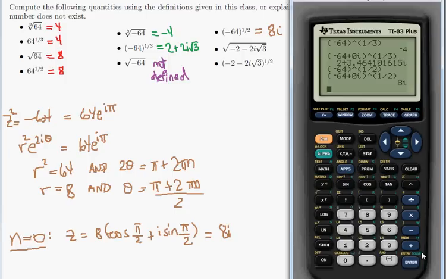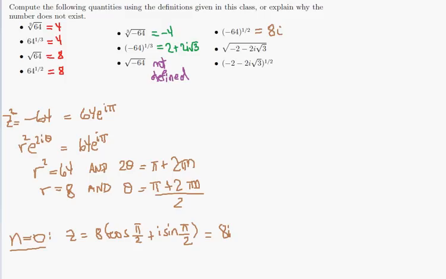So we get different answers to these two apparently equivalent expressions because two different definitions are being used for the operation. The first one is square root of negative 64. The second one is negative 64 raised to the 1/2 power.